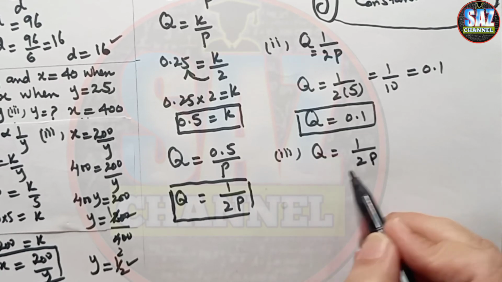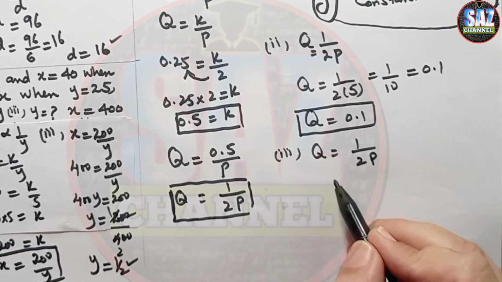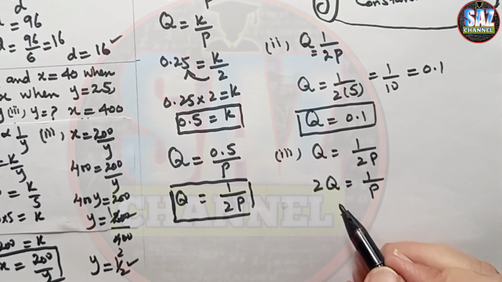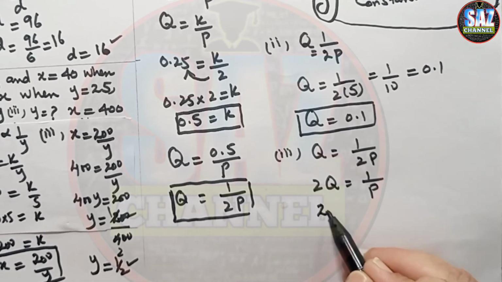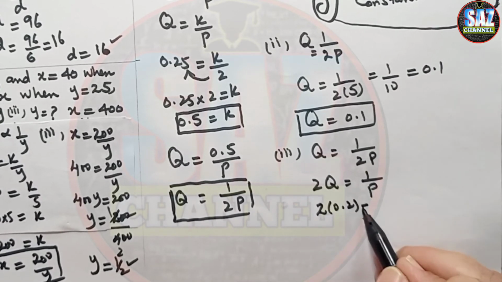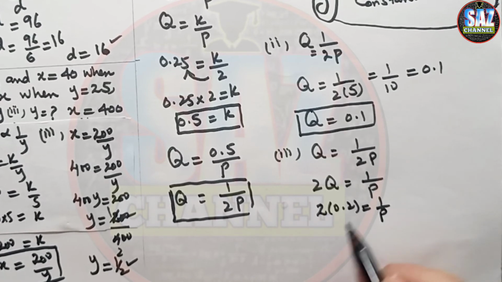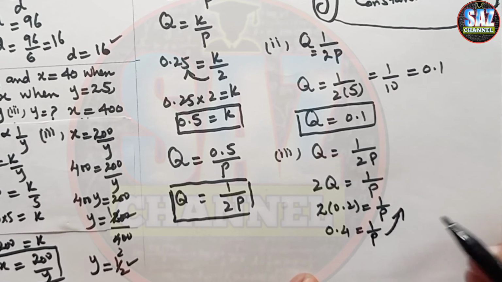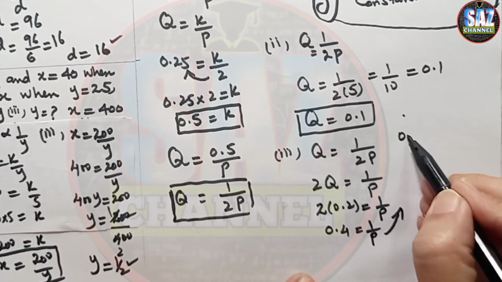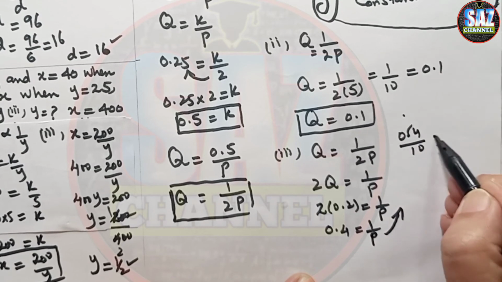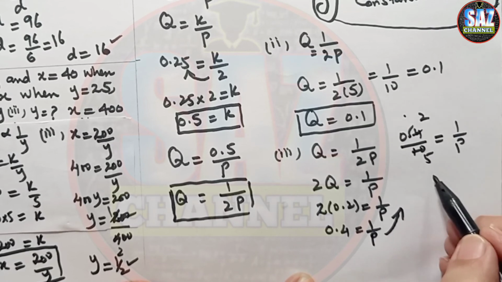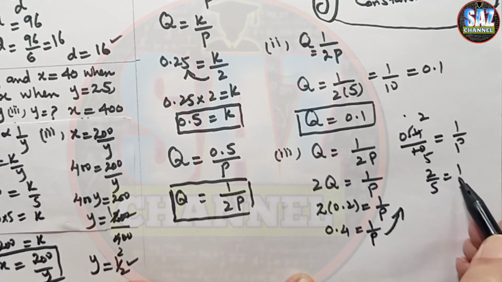So I will first take p to this side and it will take the form 2q equals 1 by p, and q has the value 0.2. 2 multiplied by 0.2 equals 1 by p, and 2 multiplied by 0.2 is 0.4 equals 1 by p. 0.4 can be written as 4 by 10 equals 1 by p, or 2 twos are 4 and 2 fives are 10, so 2 by 5 equals 1 over p.